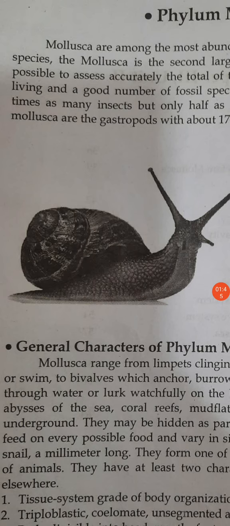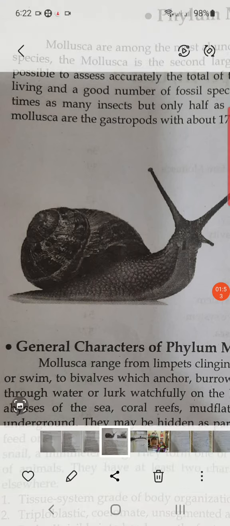molluscs range from limpets clinging to the rocks, snails which crawl or dig or swim, to bivalves which anchor, burrow or bore, to cephalopods which torpedo through water or lurk watchfully on the bottom.